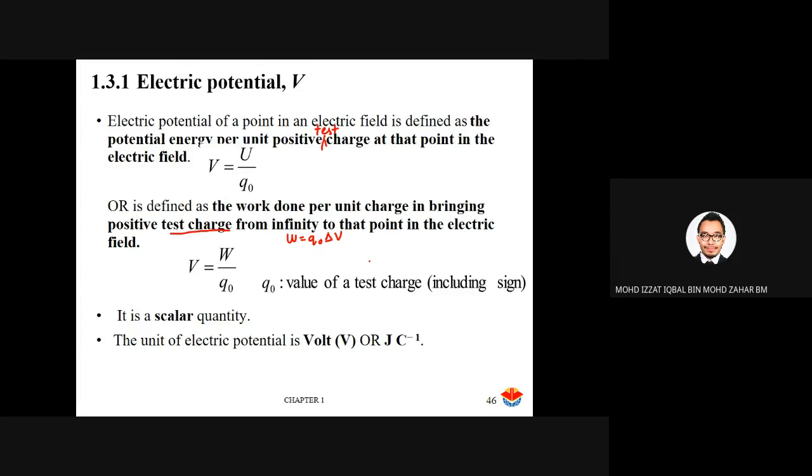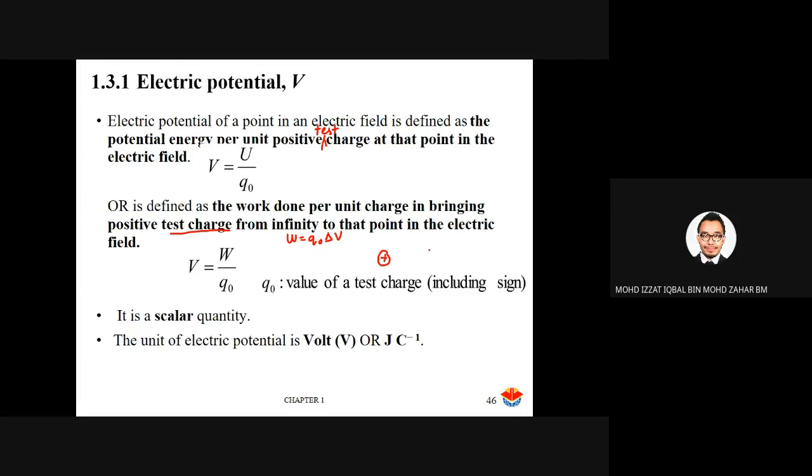Okay, let's say if I have example. Example, I have a positive charge in isolated system. Dia by itself, ada satu dekat sini. And then you want to bring positive test charge from infinity to that point in the electric field. Okay, this positive charge will produce an electric field.